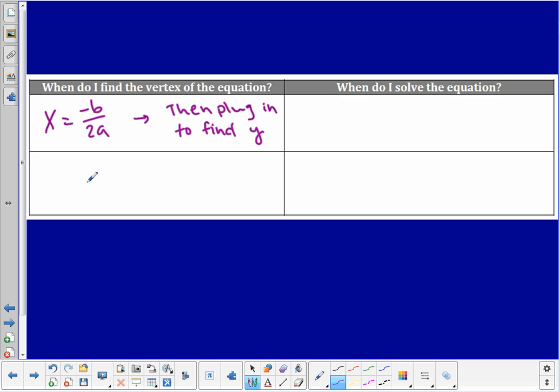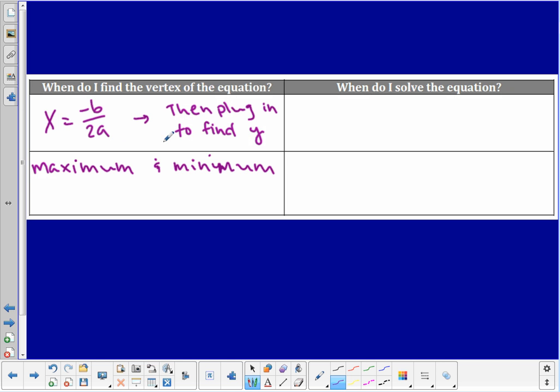So when we see words like maximum and minimum, that tells us that we are looking for the vertex, because that's what the vertex is. The vertex is the maximum of the parabola if it's opening down, or the minimum of the parabola if it's opening up.